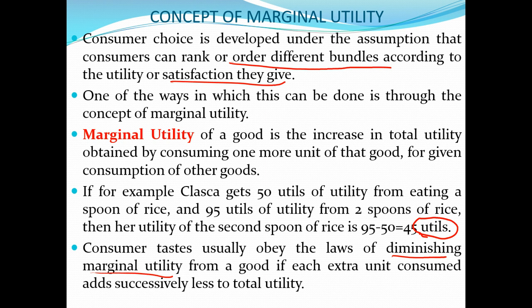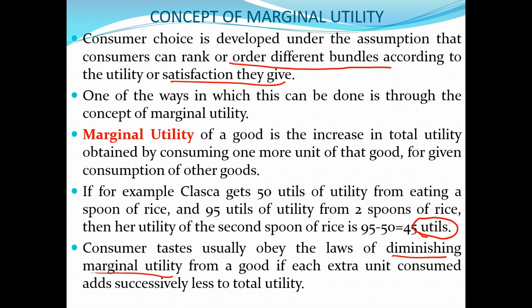Utility will be increasing, but this increase will be at a decreasing rate. Initially the increase is 7, then the next is 6, then the next is 5. So in as much as total utility is increasing, marginally we are increasing at a diminishing rate. That is the concept of diminishing marginal utility.